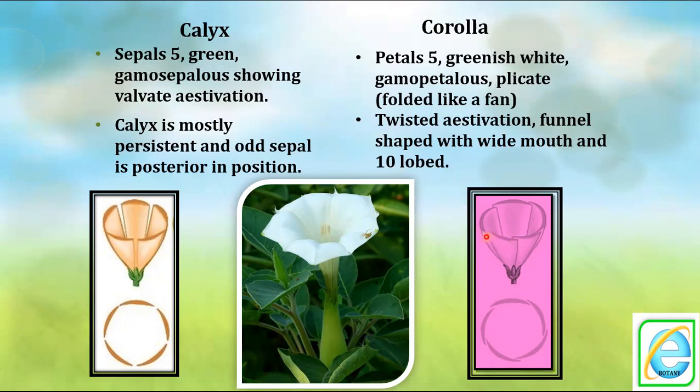That means one corner of a petal is overlapped by the corner of another petal, so they alternately overlap each other. The funnel shape is with a wide mouth, and it looks like 10 lobes. Now this is 1, 2, 3, 4, 5, 6, 7, 8, 9, 10. That means it looks like a 10 lobed structure.